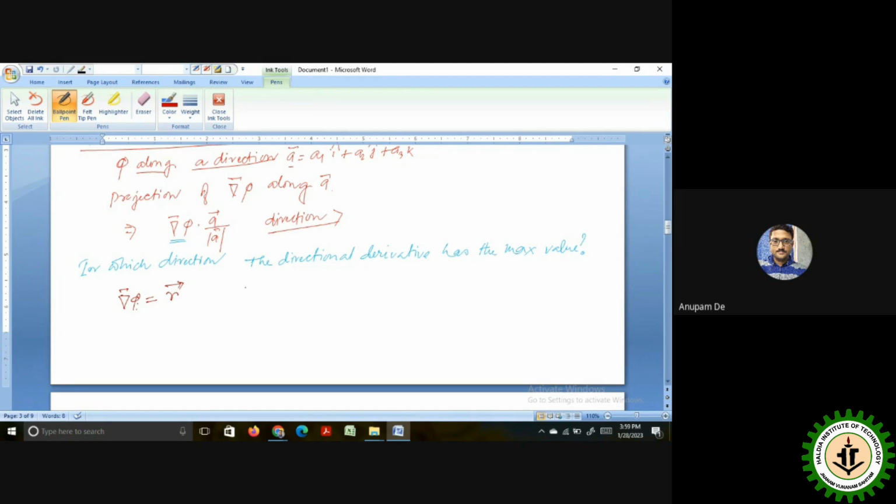Now if I want to take the directional derivative, that means I want to take the projection of r along the direction of A, then I find r dot A cap, that is r dot A by mod A, which is basically mod r cos theta. So the whole thing depends on theta.